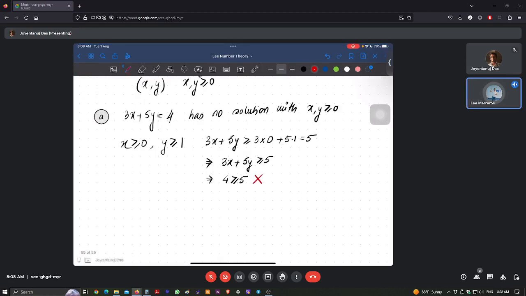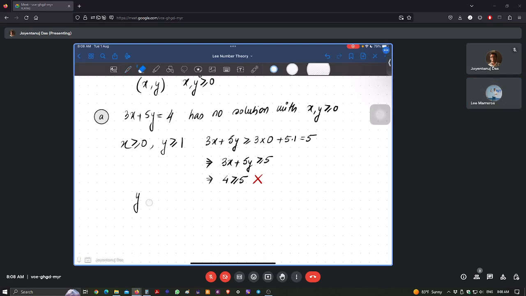So it's not possible that x is greater than or equal to 0 and y is greater than or equal to 1. This forces y to be 0, right? Because y greater than or equal to 1 is not possible. So if y is 0, then 3x plus 5y is nothing but 3x.